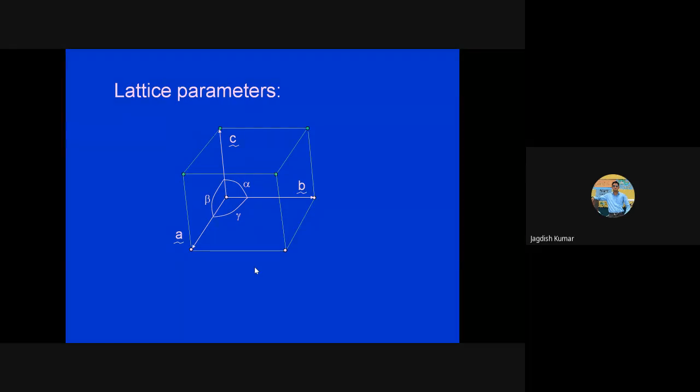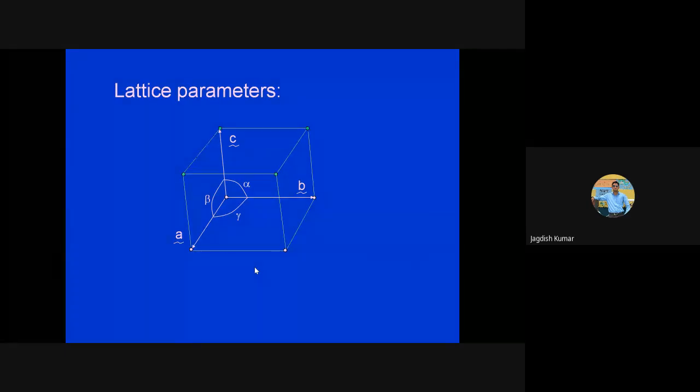As in the case of 2D, where we had 2 options, either to define 2 lengths and 1 angle, or to define 2 vectors, similarly in the 3D case, you may define 3 lengths and 3 angles, or you may define 3 vectors. That is equally good. Those may be called lattice parameters.